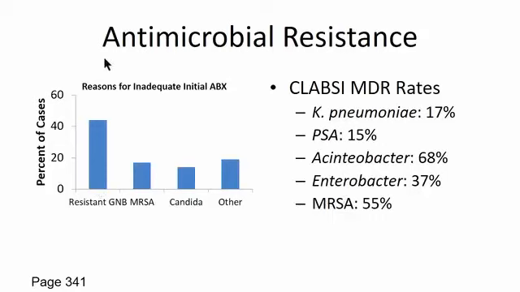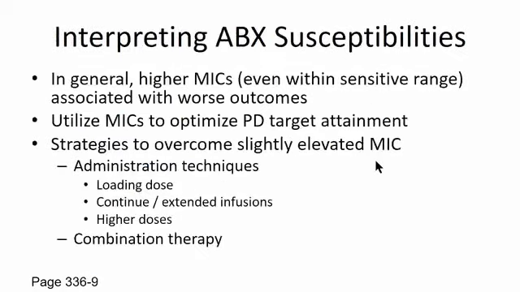Here we can see reasons for inadequate initial antimicrobial therapy, and we see resistant gram-negatives as a reason the majority of the time, along with MRSA and Candida. When we look at our CLABSI MDR rates, we see that they're really significant. Klebsiella pneumoniae is at 17%, Pseudomonas 15%, et cetera. So resistance a lot of times is preventing us from giving the right antimicrobials. We'll spend the next few slides talking about interpretation of susceptibility results and antimicrobial resistance.